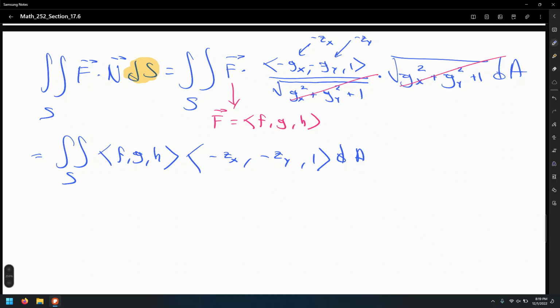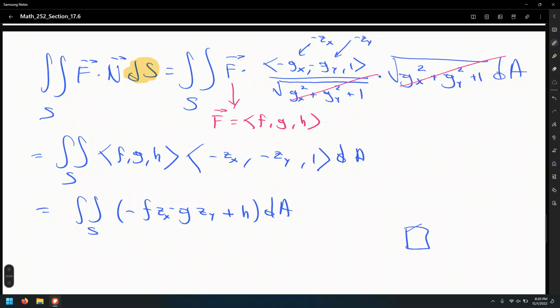Multiply component by component, and this is the double integral over S of negative F times Z sub X, minus G times Z sub Y, plus H dA.